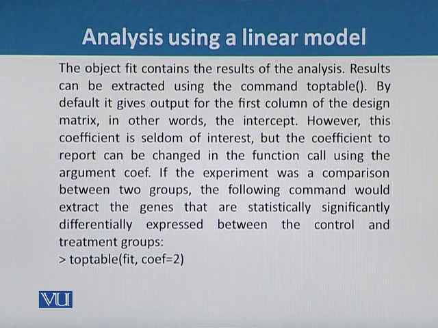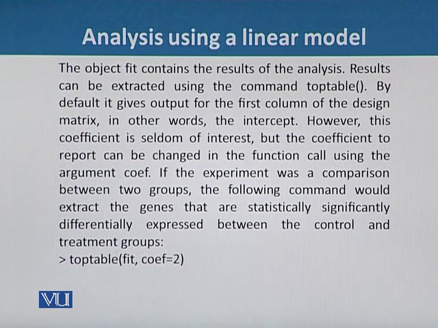The object fit contains the results of the analysis. Results can be extracted using the command topTable and then quotes. By default, it gives output for the first column of the design matrix. However, this coefficient is seldom of interest, but the coefficient to report can be changed in the function call using the argument coef.